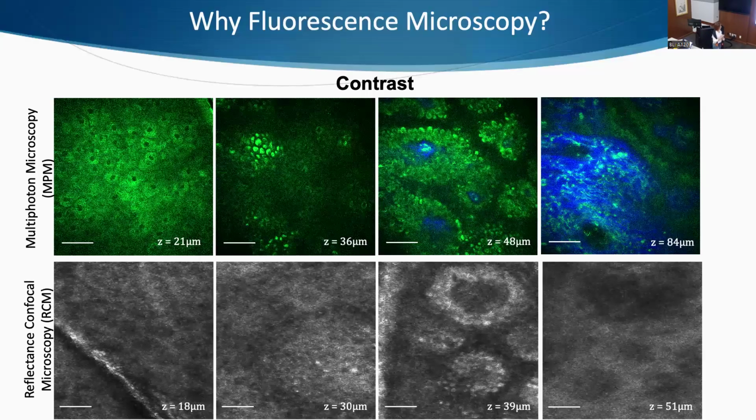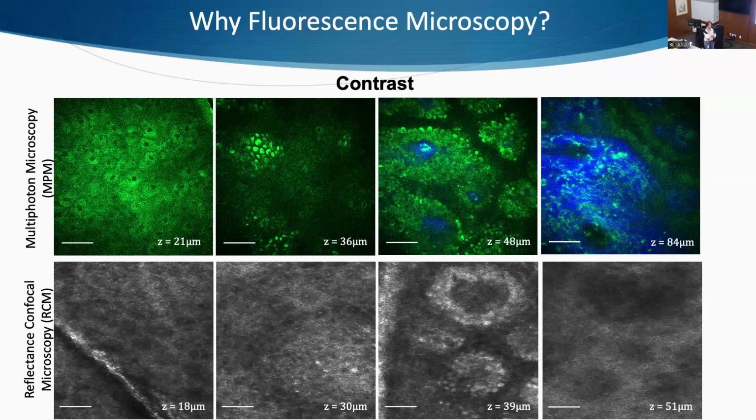So in reflectance confocal microscopy, you can image beneath the skin surface by collecting the laser light that's scattered from the skin through a pinhole in front of the detector to get rid of the out of focus signal to create this optical sectioning.